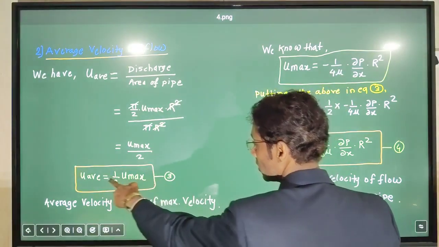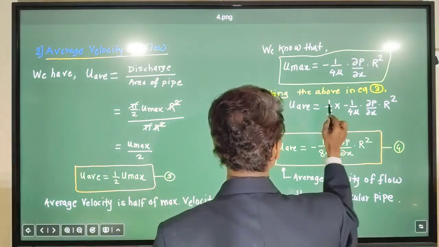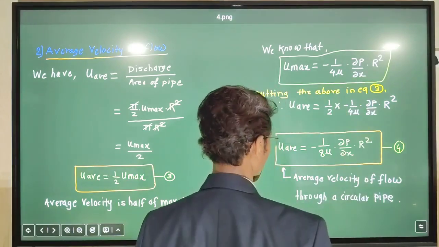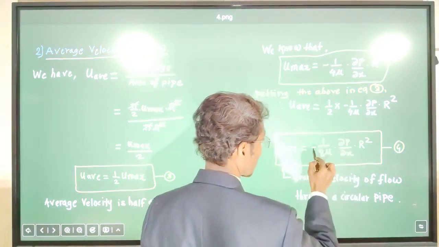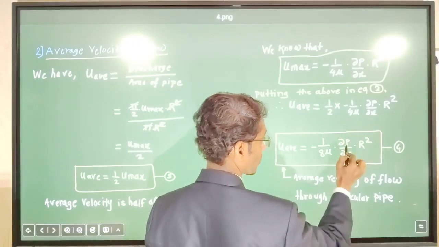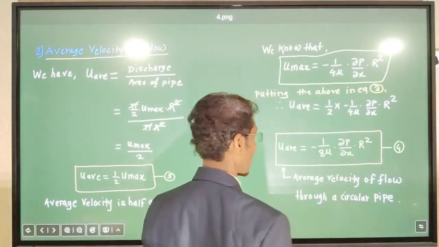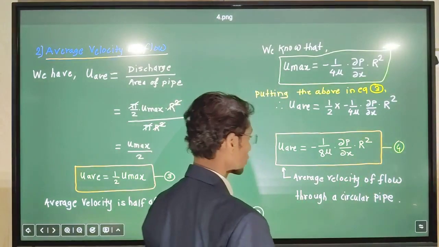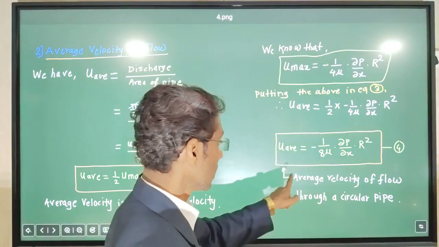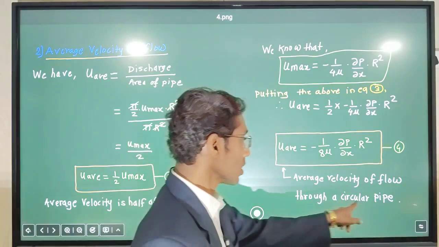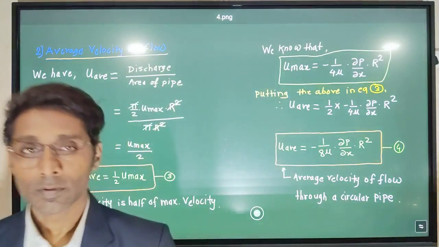Thus u average is equal to half into this expression. So the minus sign will come here, 2 into 4 that is 8, with mu into pressure gradient into capital R square. This expression we say is equation number 4, that is the expression for average velocity of a flow through a circular pipe.